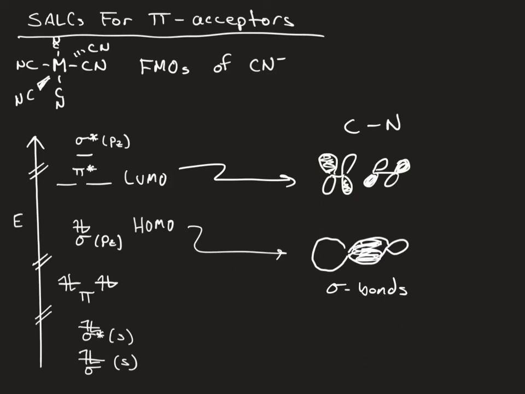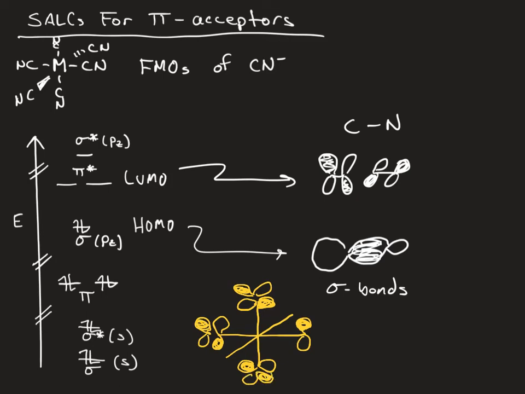It's just that now, for example, if we were to draw one of our T2g type SALCs, instead of looking like this, these now look like this, representing the C and the N from the cyanide ligand.